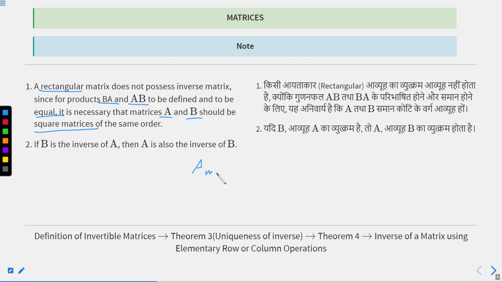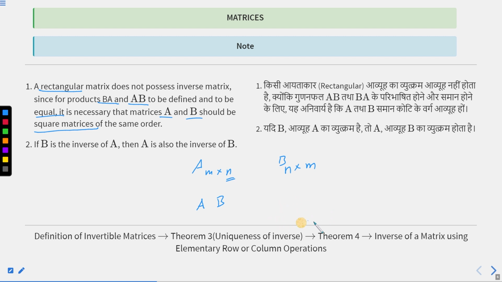Say A is of M cross N and B is of P cross Q. First of all, if we want AB, this means N and P must be the same, so P must be N. Then only you can define this. Now for BA you need Q and M to be the same, so you can define this.